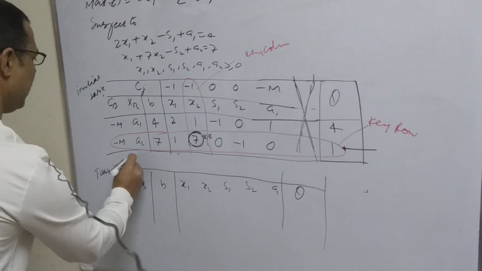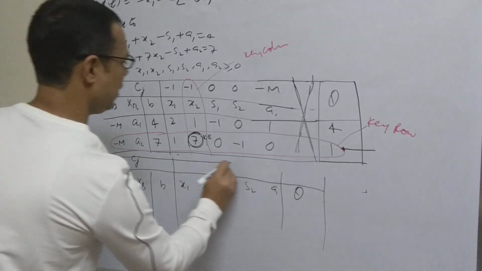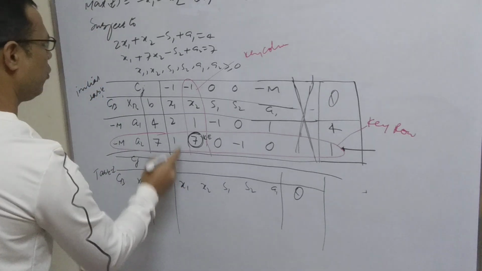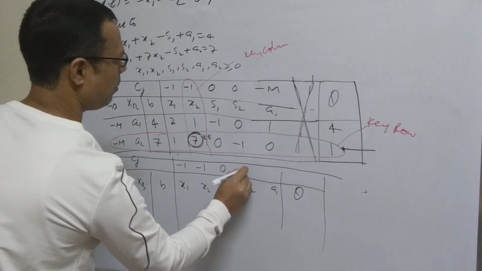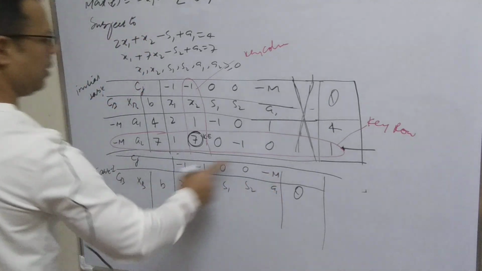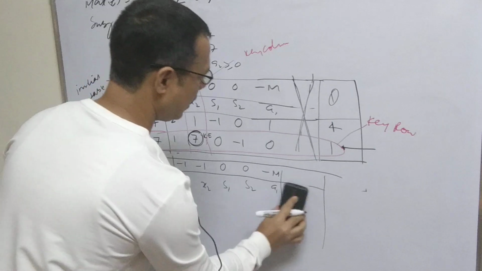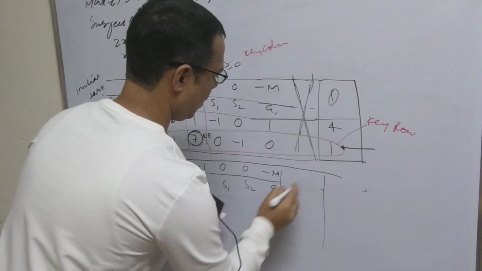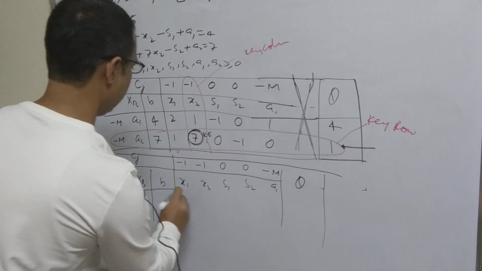Here Cj is the coefficient of the objective function. So what is the Cj for table 1? It is not going to be changed. Same, just copy. So these upper rows are not going to be changed. So better to write theta here. Now I am going to close this boundary.